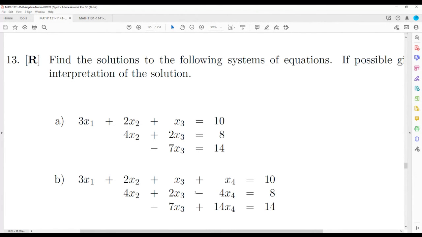And in the second one, you've got 3 equations and 4 unknowns. These aren't that difficult, but sometimes you need to introduce a parameter. Like in part B, you need to introduce a parameter, and some students are not quite sure how to make the choice or to do that. So I thought we could work through these.